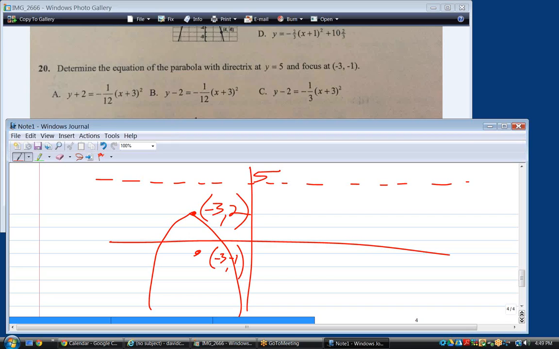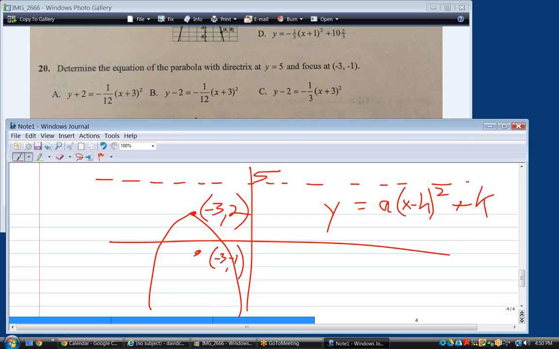What's vertex format? y equals a times (x minus h) squared plus k. Well, we know our vertex, so we know h and k. Look at all the answers.